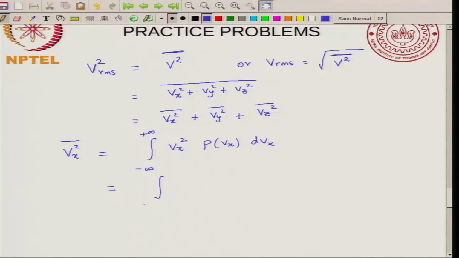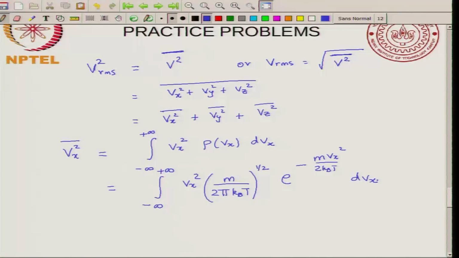P of Vx, we said, was equal to m by 2 pi k b t raised to half, the half because you are looking only at Vx, times e to the minus m Vx square by 2 k b t, dVx.